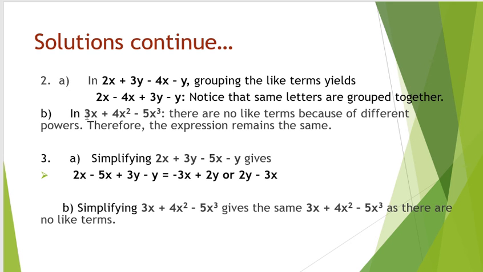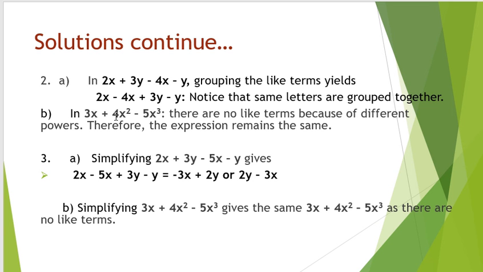Now we come to this other expression, 3x plus 4x power 2 minus 5x power 3. Quite well, all these are x's. There is x, there is x, there is x. But if you look carefully, you see that the powers here are different. We have power 1 here, power 2 here, and power 3 here.